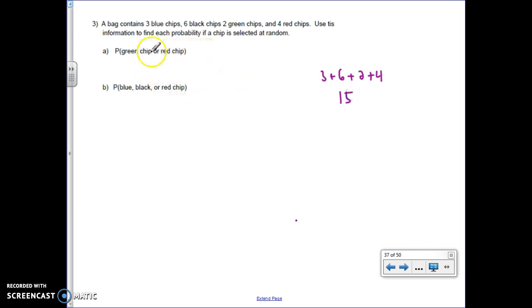To find the probability of green chips or red chips, the probability that it's green plus the probability that it's red is going to help us, because there is no intersection. You can't have a chip that's both green and red. Green is 2 out of 15, and red is 4 out of 15. If I add those two values together, I have 6 out of 15.